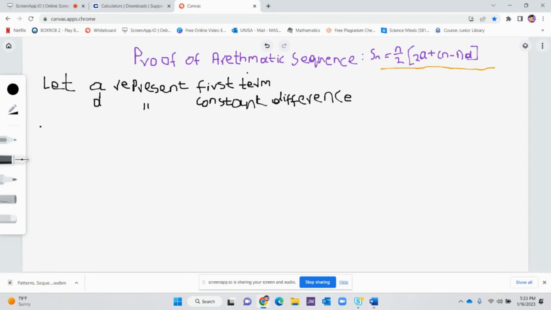We're going to start by saying our sum Sn is equal to the normal formula of the arithmetic sequence, which is a plus n minus 1 into d.